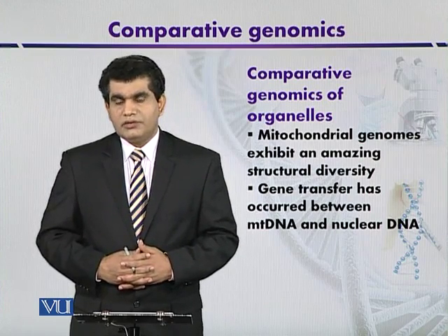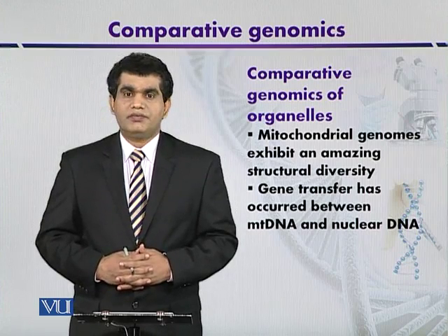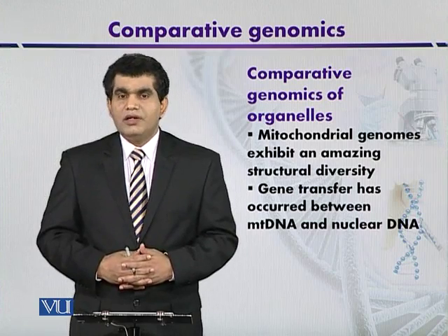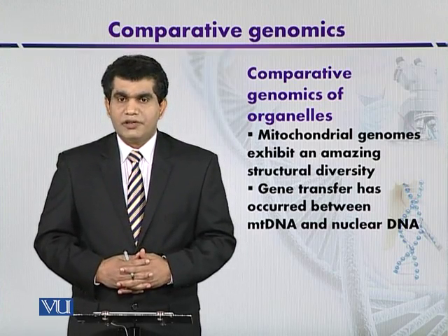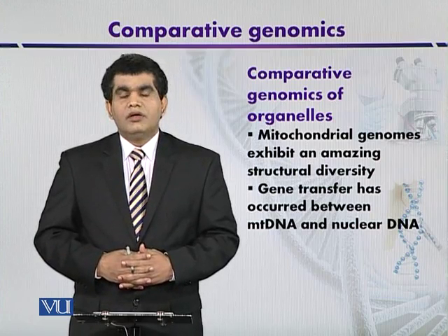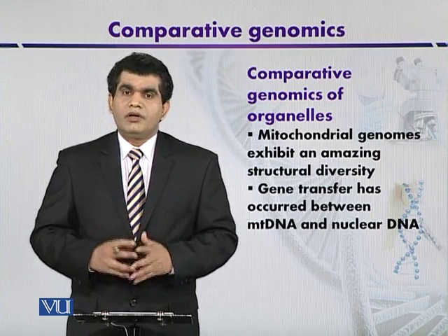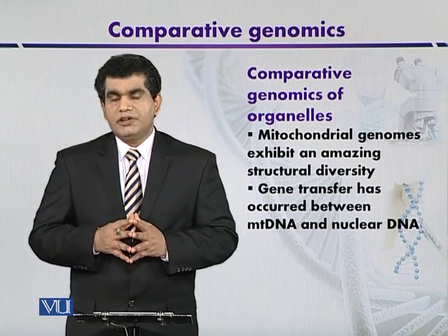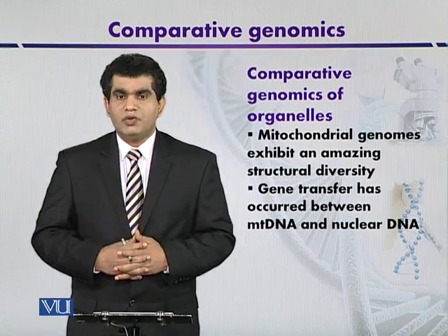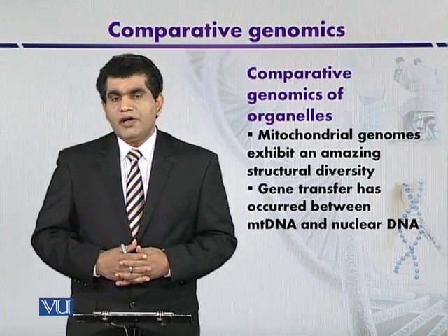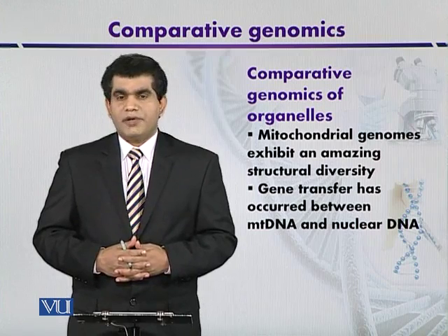But again here, one can't say that if the genome size of the mitochondria is high, it also has a high number of genes. For example, in the case of plants, the number of genes may be lower as compared to humans. Like in humans, as I told you, the mitochondrial genome is comparatively small.